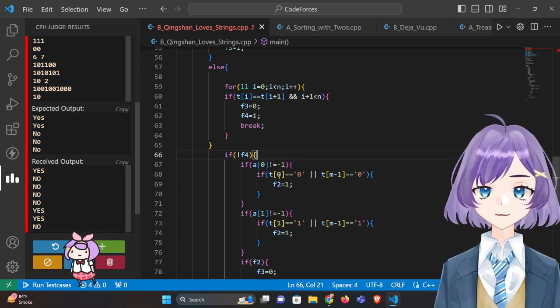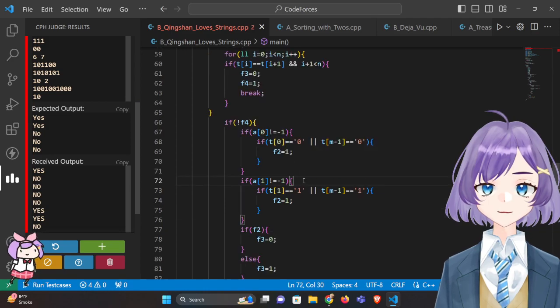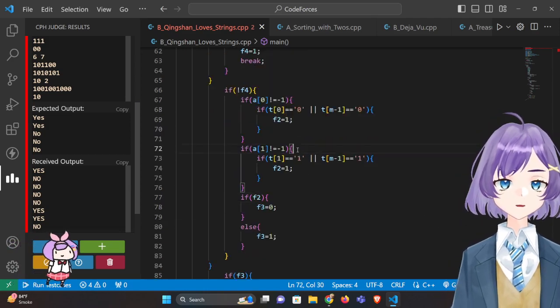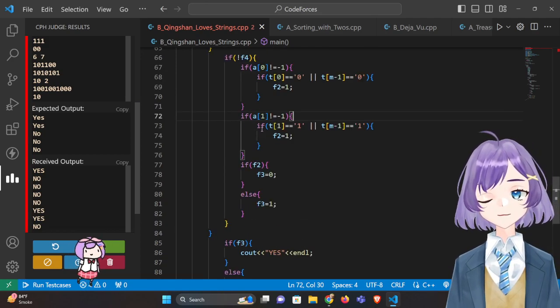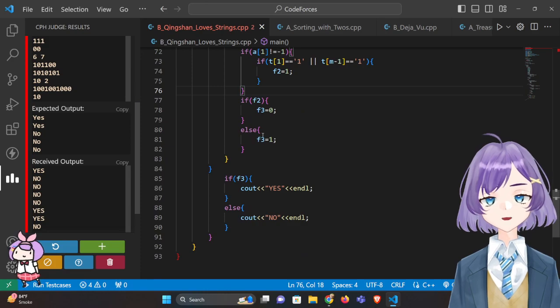If A of 0 is not equal to minus 1, then if A of 1 is not equal to minus 1, then this. If F2, else.